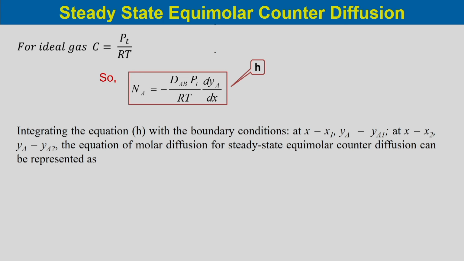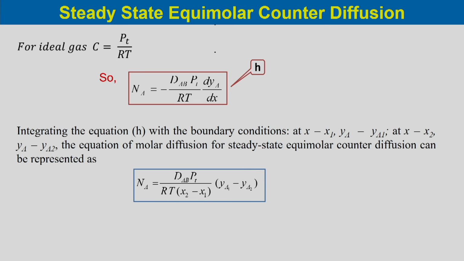Now, if we integrate this relation with the boundary conditions at x equal to x1, y_A is y_A1, and at x equal to x2, y_A is y_A2, the equation of molar diffusion for steady state equimolar counter diffusion can be represented as N_A equal to D_AB P_T by RT (x2 minus x1) into (y_A1 minus y_A2).